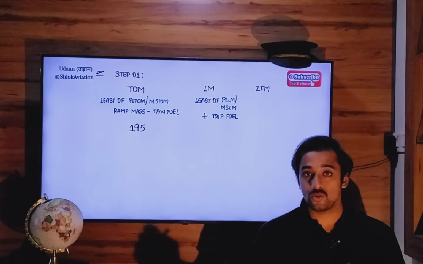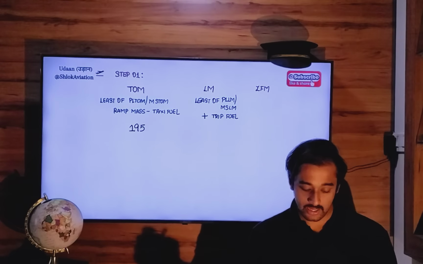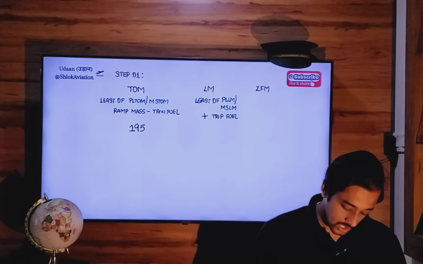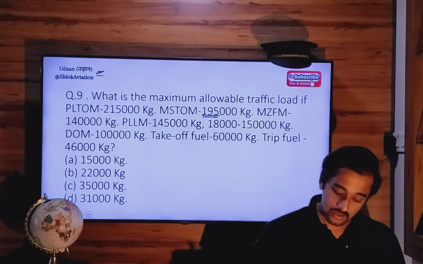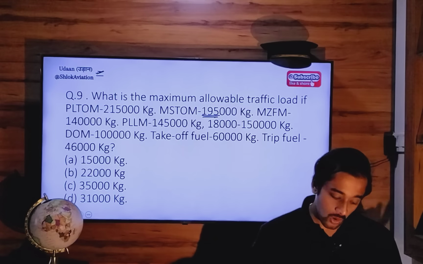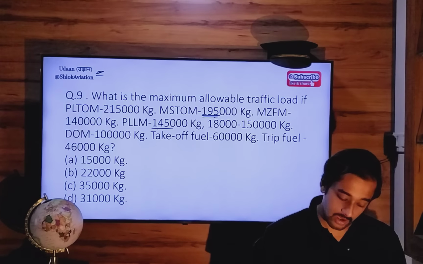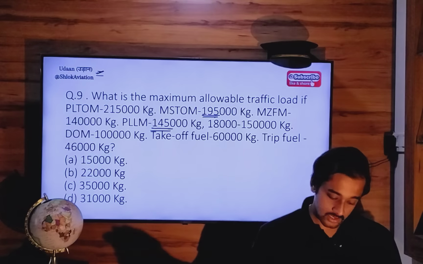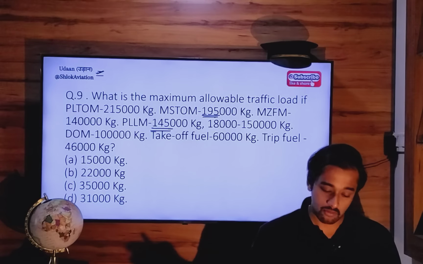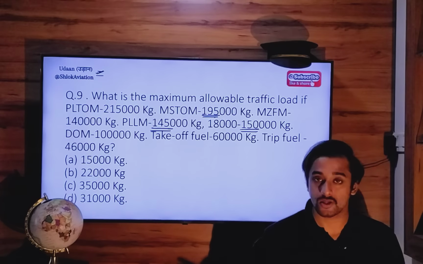Now the lesser value between performance limited landing mass and maximum structural landing mass is, now the performance limited landing mass is 145 and the structural limited landing mass is 150,000.